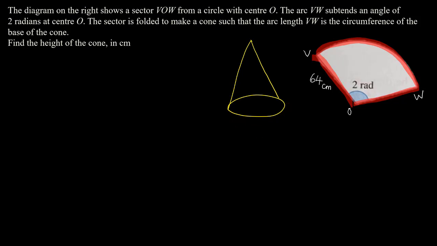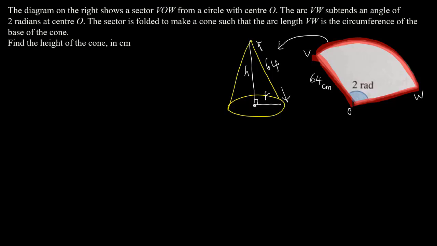So let's see what we have. This is the radius of the cone, and this is the height of the cone, and here is 90 degrees. This is the slant height, which is 64 cm. So you fold the sector here and make a cone like this.